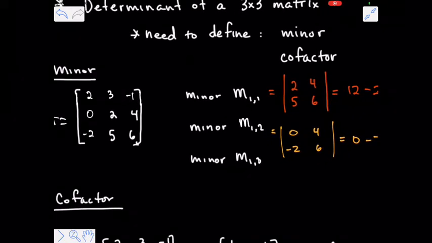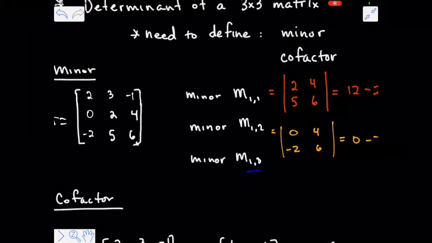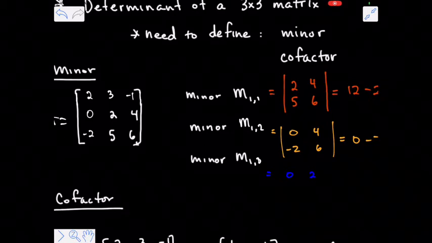Okay, and again, just for the sake of practice, let's do one more. If we did this one now, minor 1, 3, that means still row 1, but now column 3, which leaves those 4 values. So those are the 4 values which would comprise this minor. 0, 2, negative 2, 5.